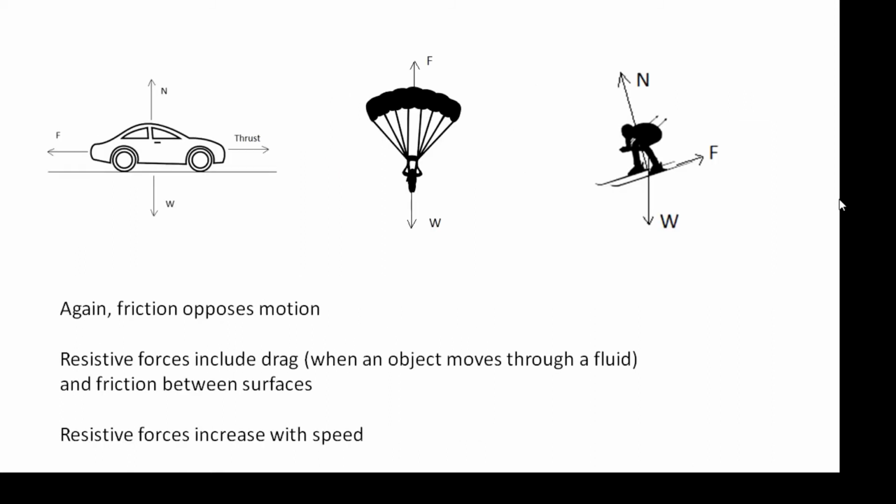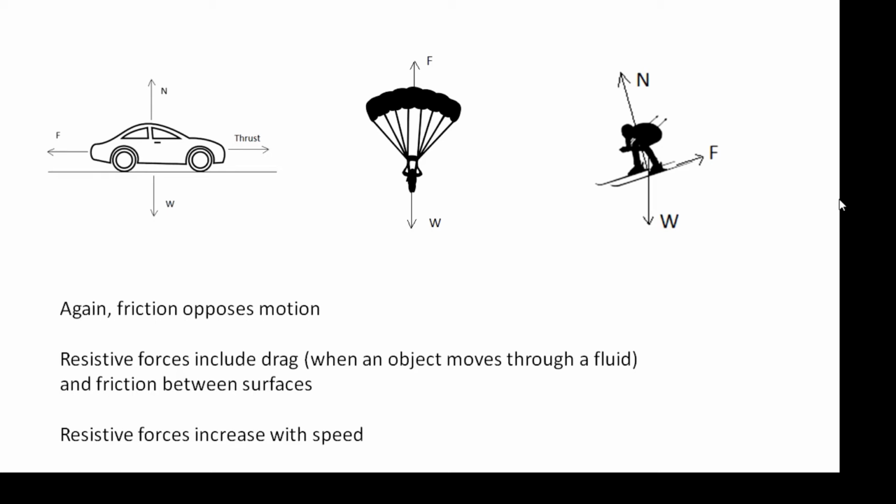These objects are in a dynamic equilibrium, and again, all the forces on them will cancel. There's no resultant force. The car driving along, the parachute coming down, the guy skiing down the slope. Again, friction is opposing motion. Friction is opposite to the direction that it's moving. And resistive forces, including drag.